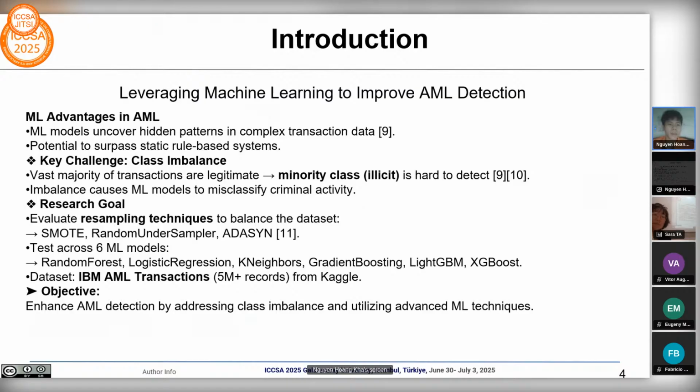The vast majority of transactions are legitimate, with a minority class of illegal activity. Imbalance causes machine learning models to miss illegal activity. In our research work we use SMOTE, random undersampling, ADASYN, and TED approach in machine learning models: random forest, logistic regression, K-neighbor, gradient boosting like LightGBM, XGBoost. The dataset we use is AML from Kaggle.